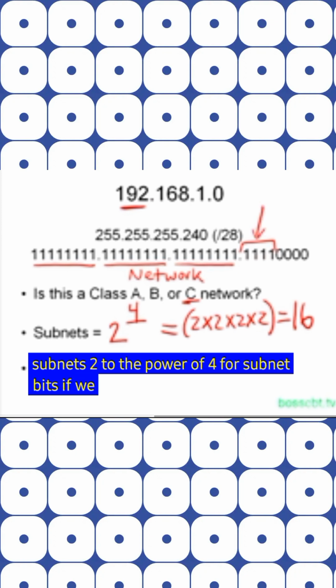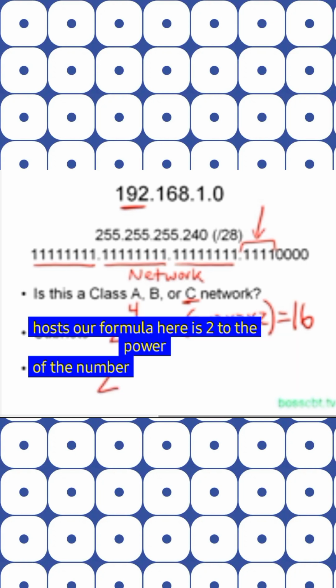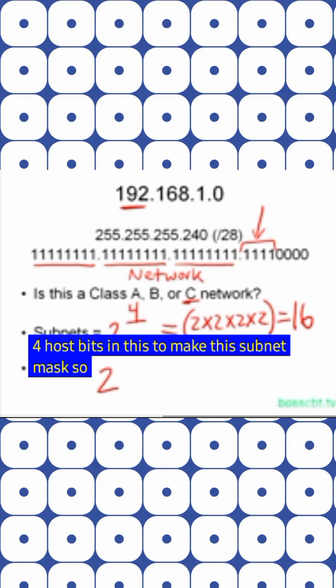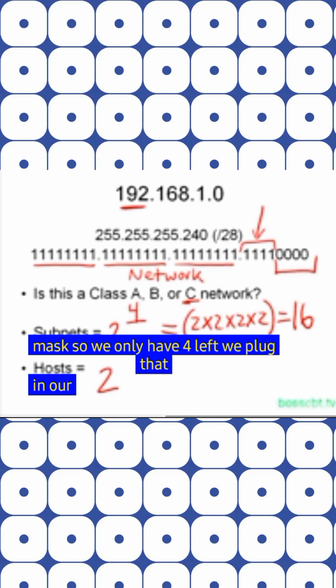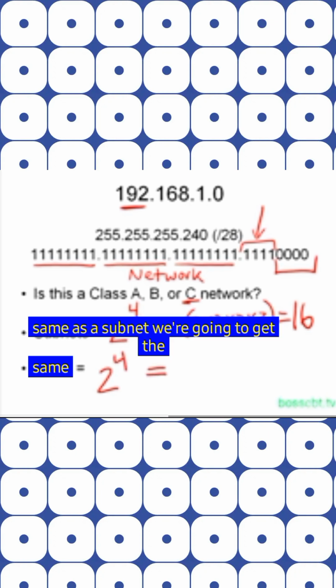If we move on and look at the hosts, our formula here is 2 to the power of the number of host bits. Well, we used 4 bits in the subnet mask, so we only have 4 left. We plug that into our formula, and in fact it's the same as subnets.